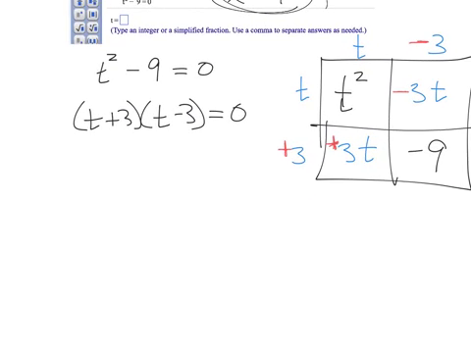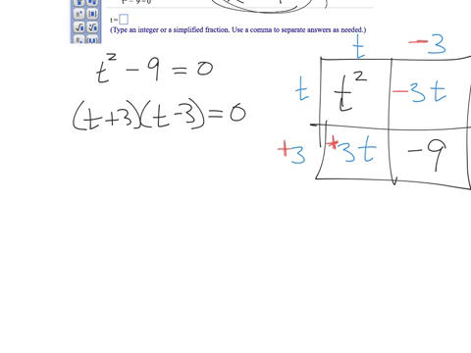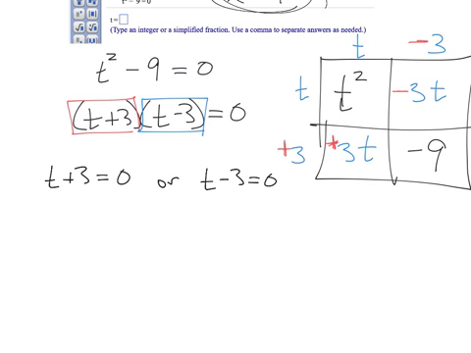All right, so what does that say? Well, that says this number times this number has to equal 0. So that means either t plus 3 equals 0 or t minus 3 equals 0. Doing our little algebra, we're going to subtract 3 from both sides and the 3's cancel.